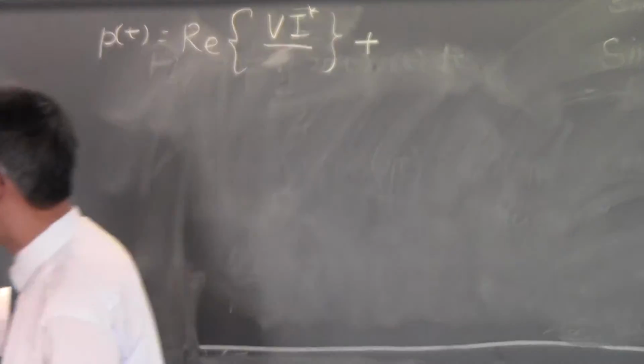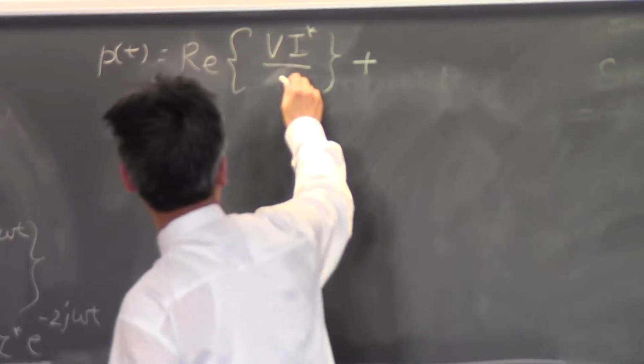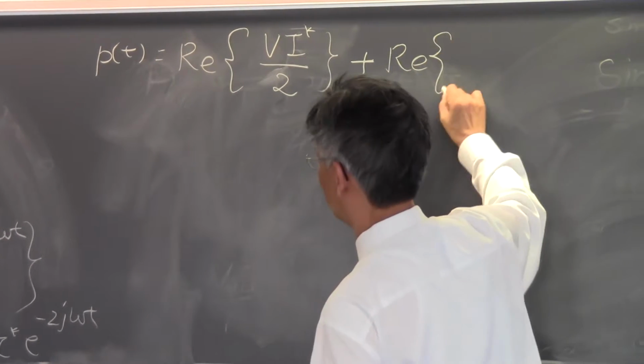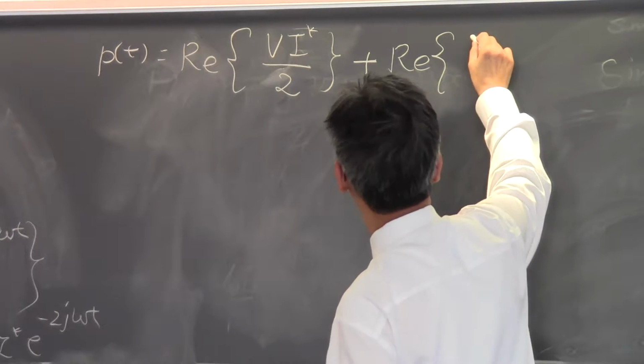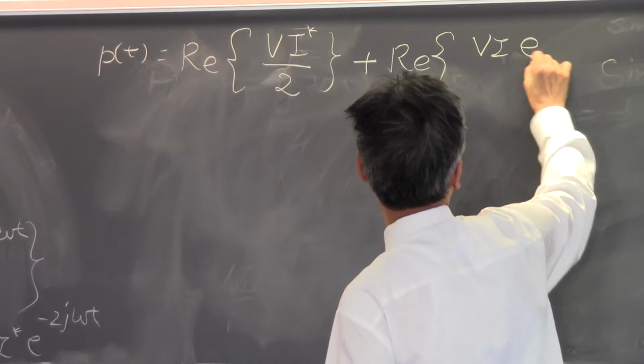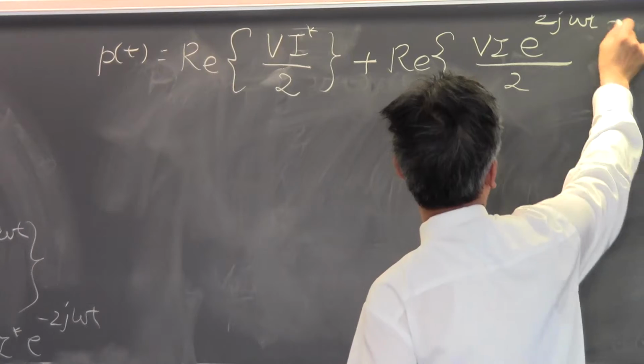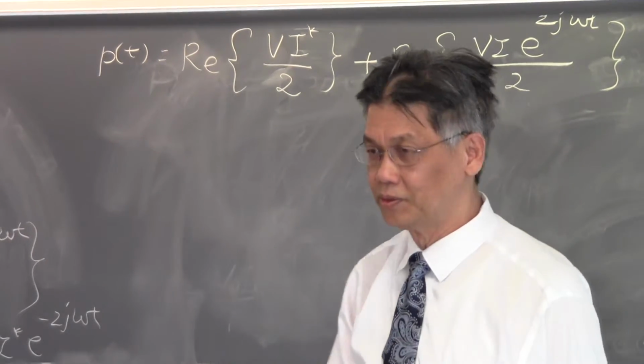Okay, when I add this together, I get twice the real part of that. When I add the other part together, I also get twice the real part of V I e to the 2j omega t over 2. So the 4 is being replaced by 2.